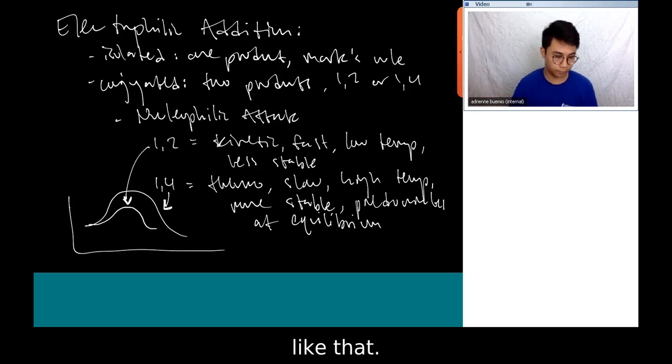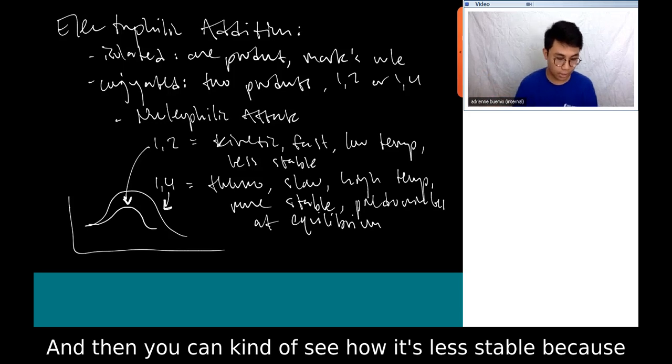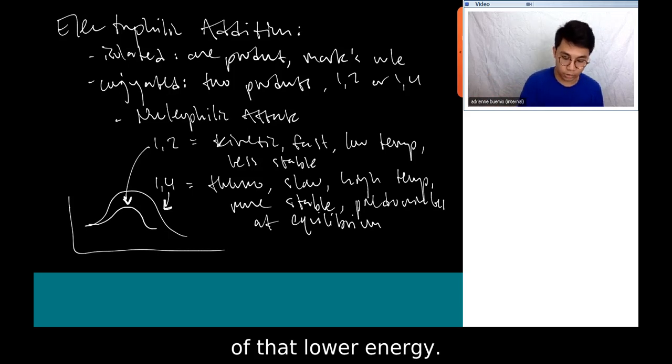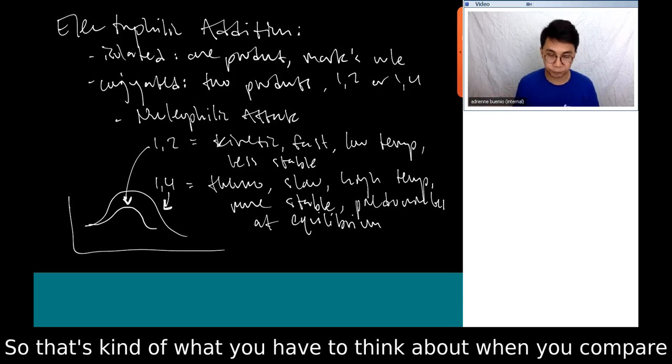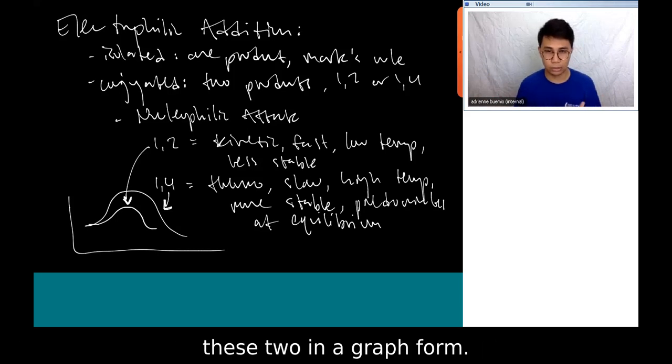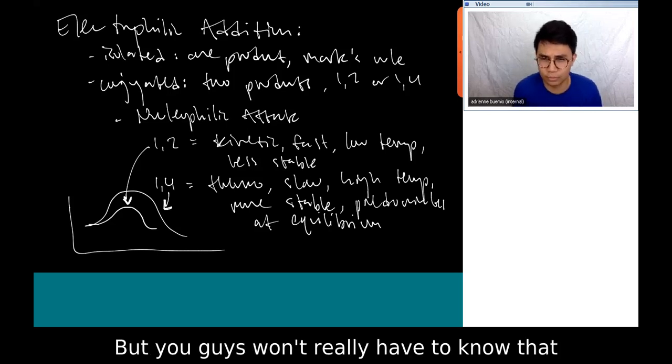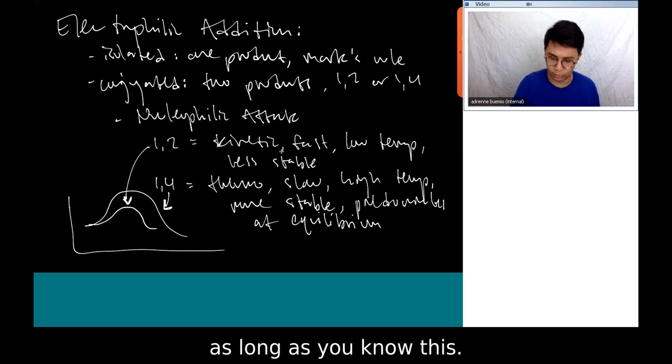You can also see how it's less stable because of that lower energy. That's what you have to think about when you compare these two in graph form. But you guys won't really have to know that as long as you know this.